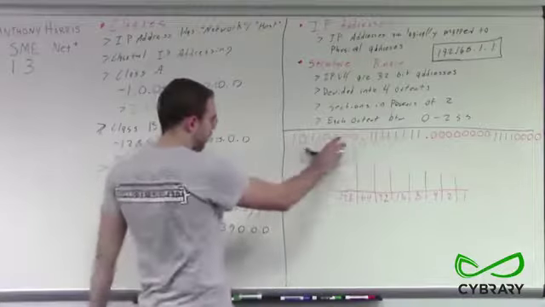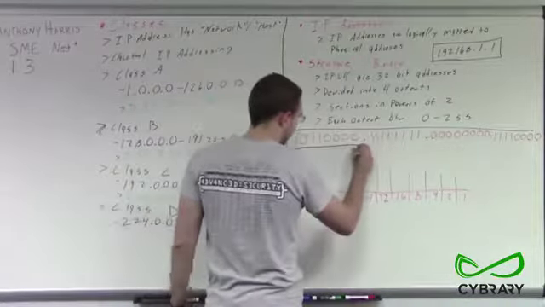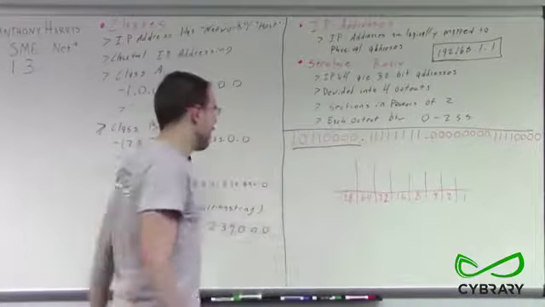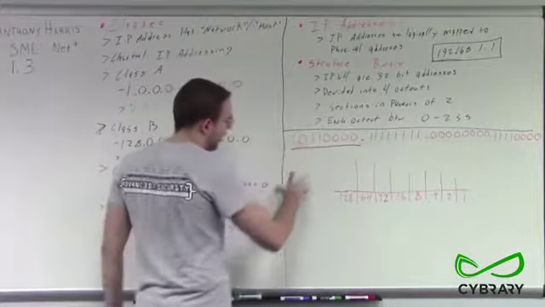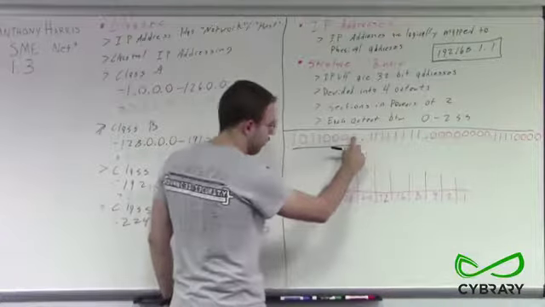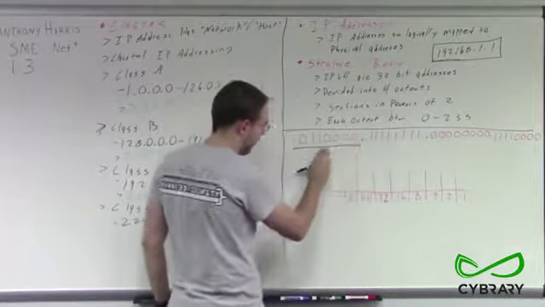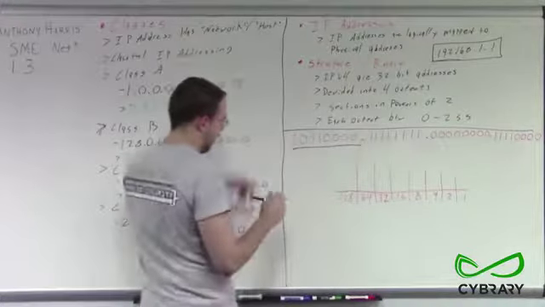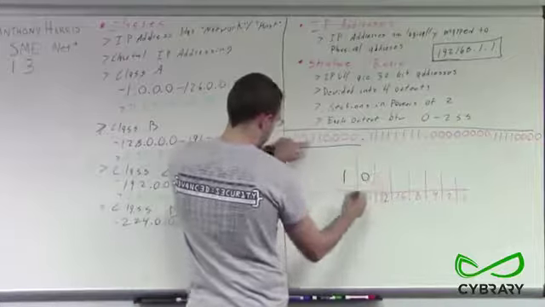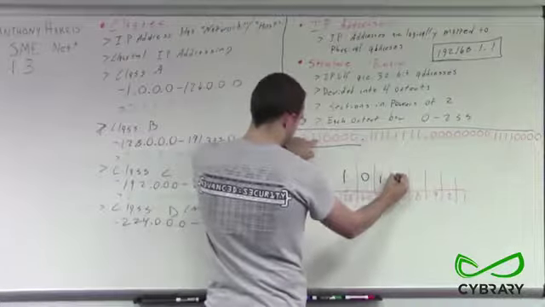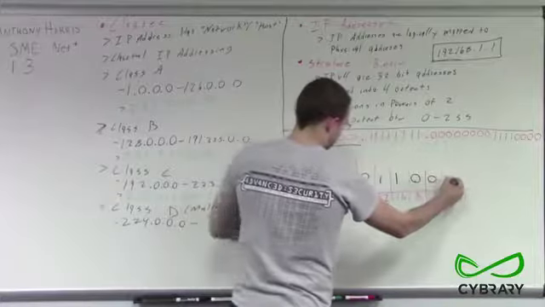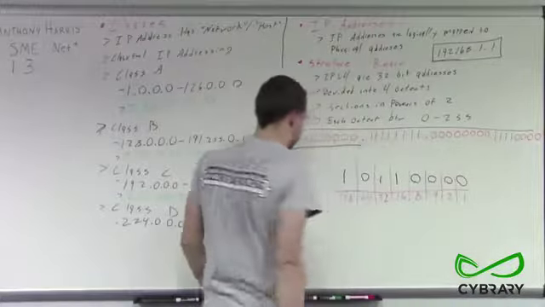So let's start with our leftmost octet here. If we take this octet and fill it into our chart, we already explained how our places increment. We have a 1, a 0, 1, 1, 0, 0, 0, 0.